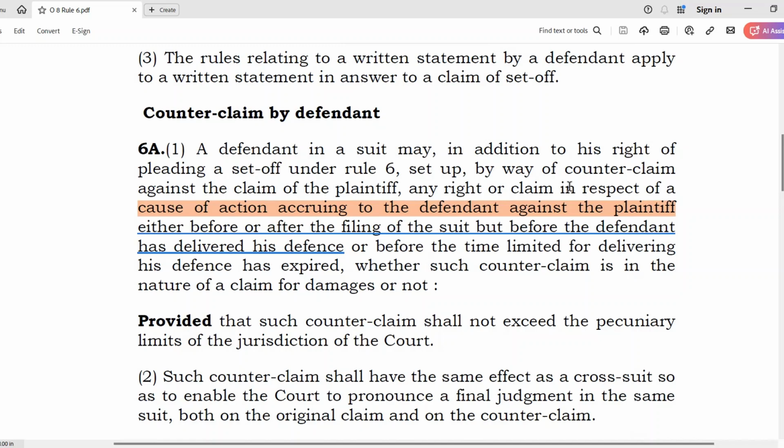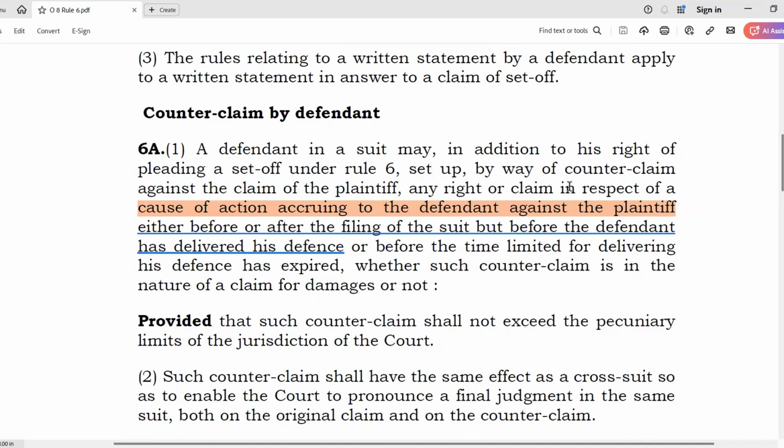Now this contractor, the very same contractor, has defaulted in making payments against the supplies of steel for his other works. Whether the defendant can raise those pending payments as a counterclaim in this arbitration? The answer is yes. It should be between the same parties, but may not be relating to the same contract.